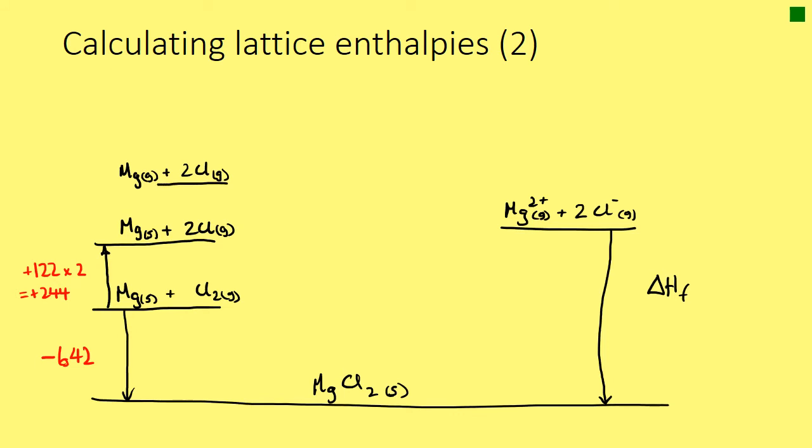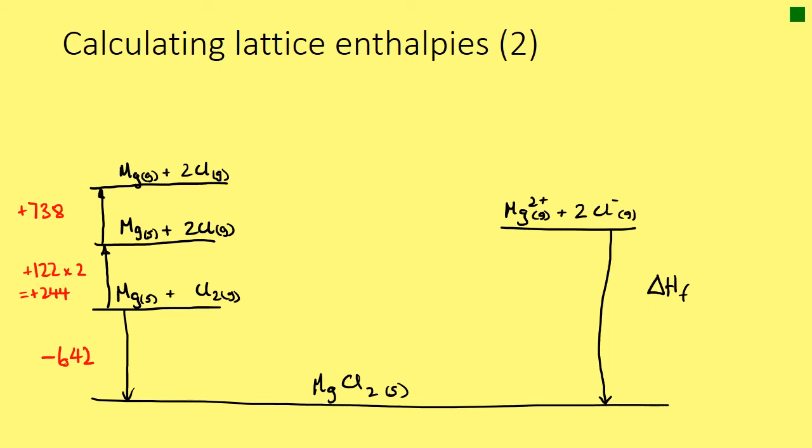That's the energy level of those species, and again we have to put energy in to atomize our solid magnesium. We're making 1 mole of magnesium atoms there, so we don't have to times it by 2 or anything, but that costs us 738 kilojoules per mole to atomize those magnesium atoms.